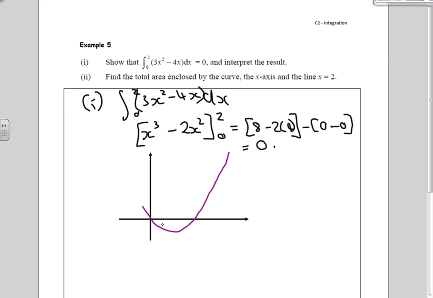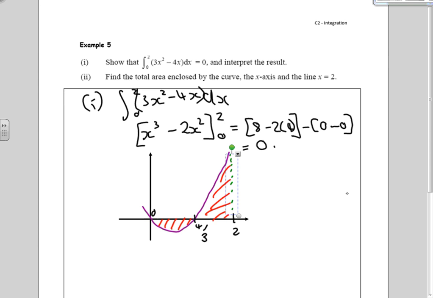And the actual area between, so that's at 0 and that's at 4 over 3. And 2 is over here. And we can see that if we come up from 2 to our line, we're actually getting the area of this part underneath the line, which will be a negative area, and this part above the line, which has a positive area, and them two cancel each other out.